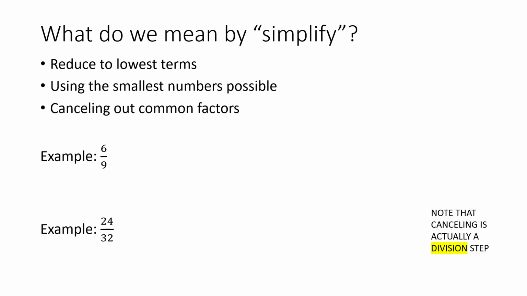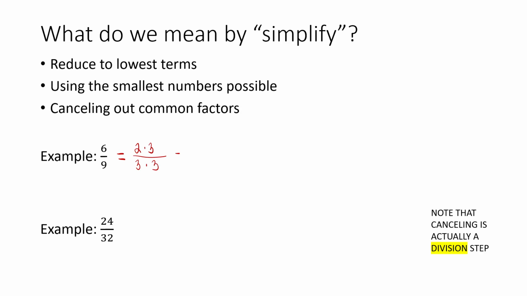So we're going to look at an example, say 6/9. And here's what we mean by canceling out the common factors. I am going to factor the 6 and factor the 9, and we're going to look for some common factors. So 6 factors into 2 times 3, and 9 factors into 3 times 3.